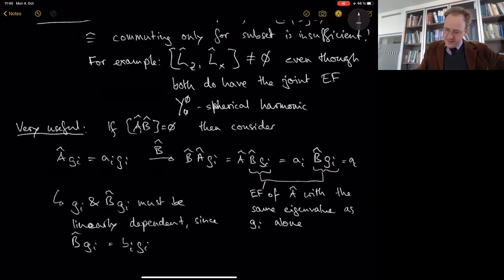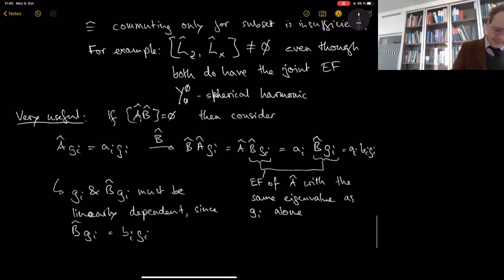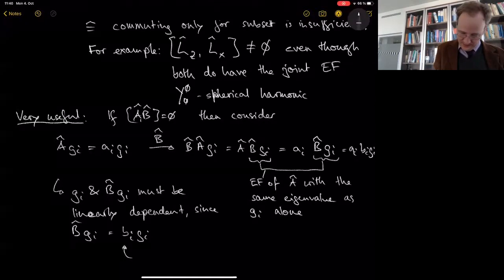So this is AI, BI, GI. And then your eigenvalue of the operator B merely becomes a multiplicative constant.